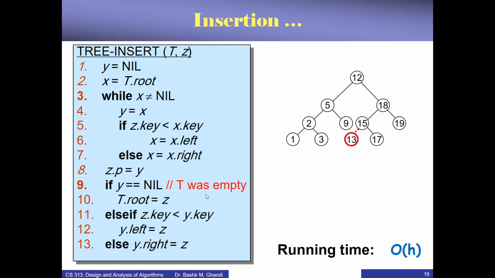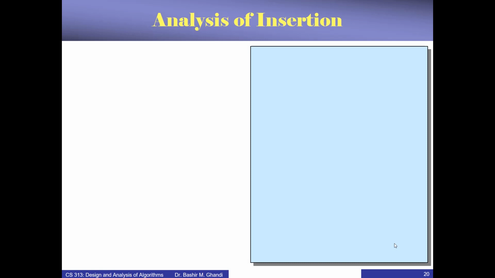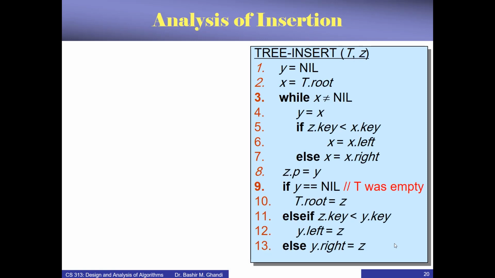What is the running time? Again, we are going across the tree, level by level, so depending on the height of the tree, the running time is big O of h. And this is the analysis.